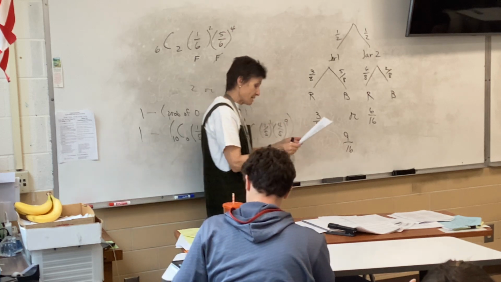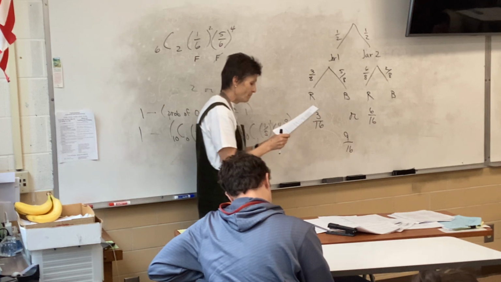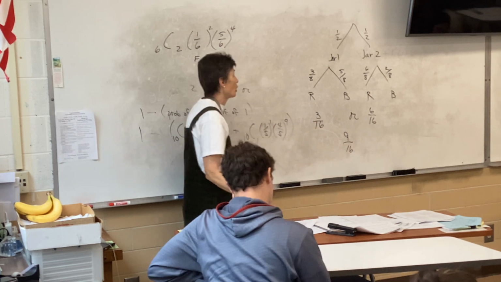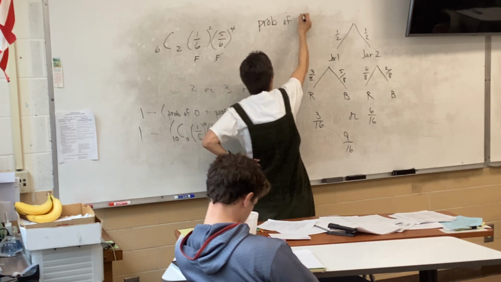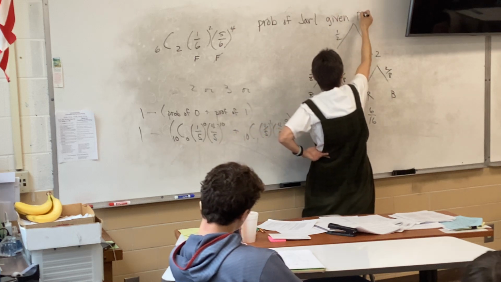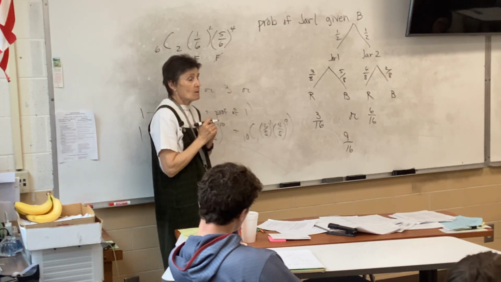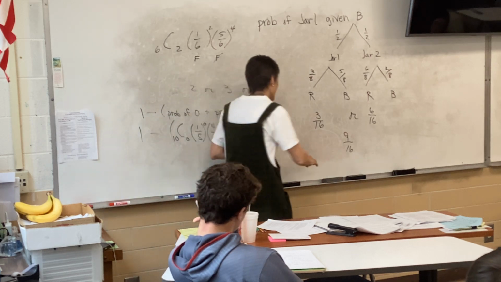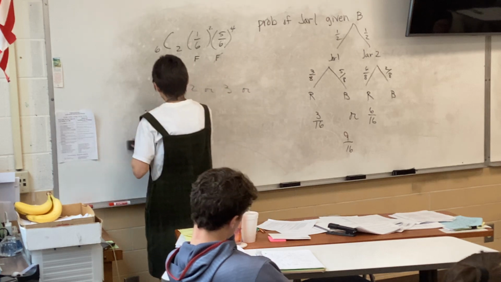Second question says, if a blue ball is chosen, what is the probability that it came from jar 1? So what is the probability of jar 1 given that it is blue? So we know we've chosen a blue ball. What is the probability that it came from jar 1?